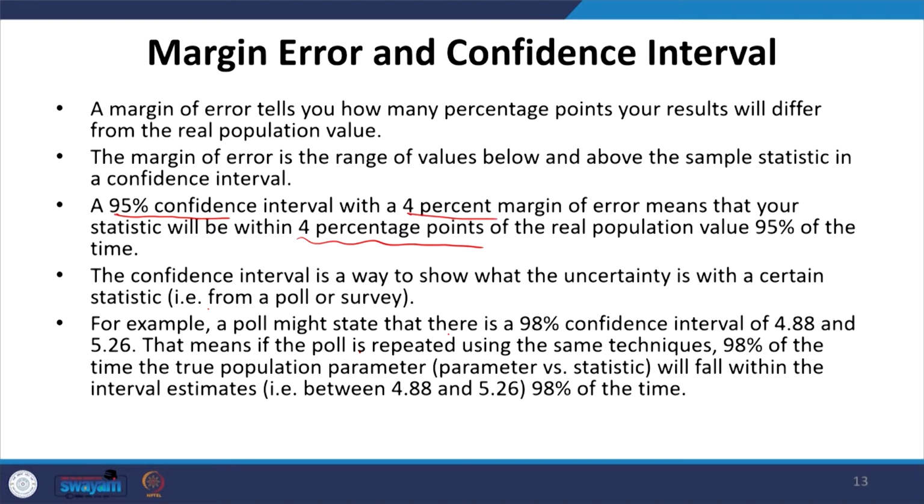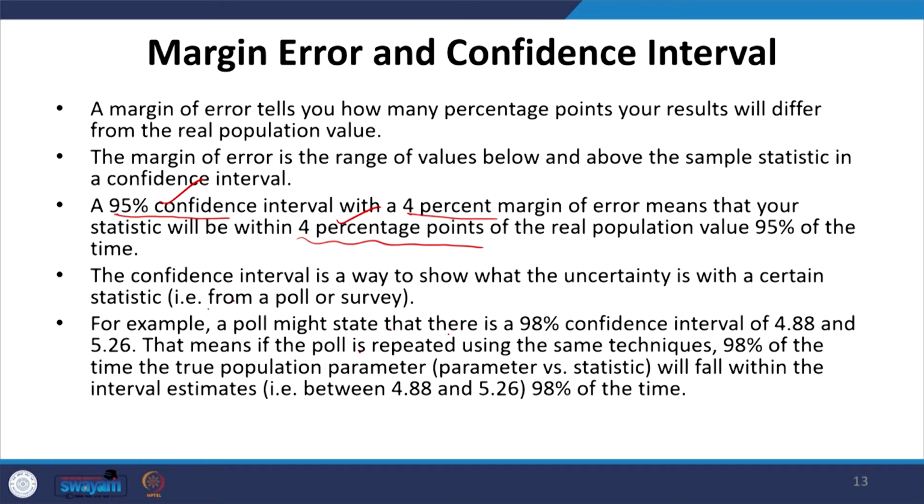So in 95% of the tests, your result will vary from the mean by 4% plus or minus. This is where confidence interval and margin of error work together and give the right guidance in testing.